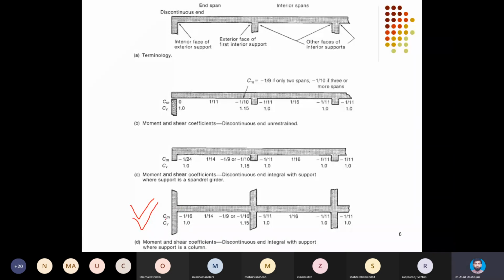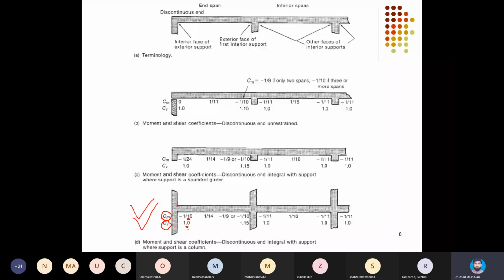So when beams are framing into the columns, for moment and for shear, the coefficient at the face of exterior support negative moment coefficient will be 1/16, and for shear it will be WL/2 into 1.